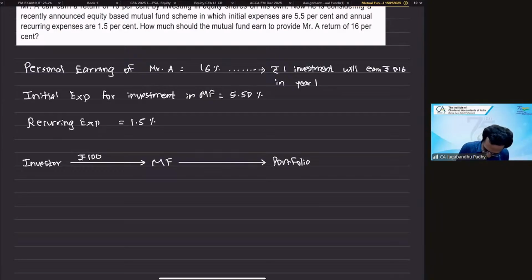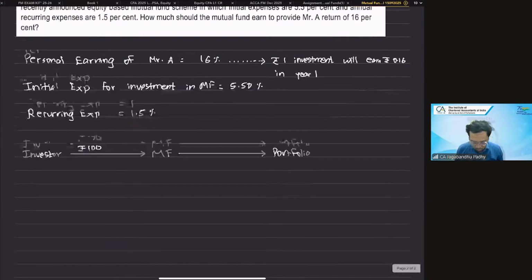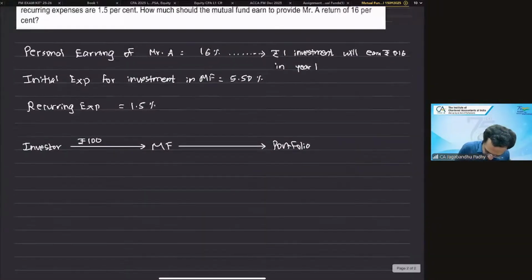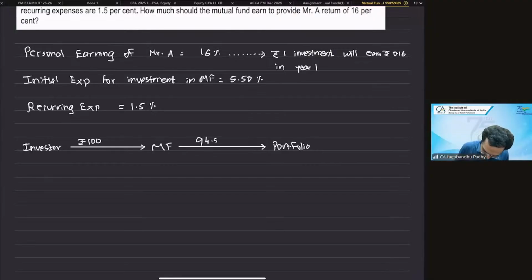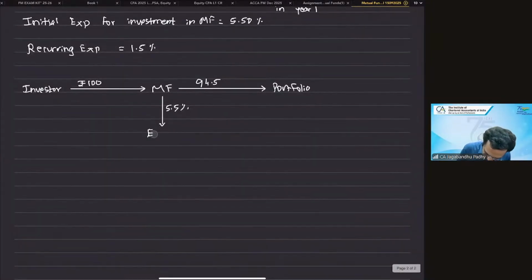When you invest into the portfolio, only the initial expense is subtracted. After 1 year has expired, you will incur the recurring expense. But the money that goes into the portfolio is 94.5, because the rest, 5.5, goes as initial expense.